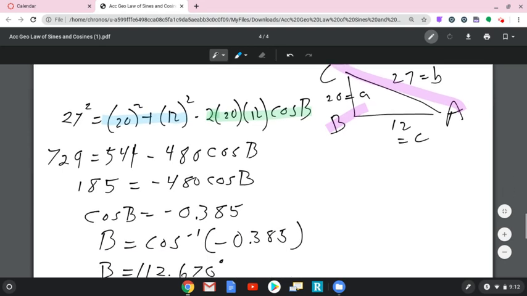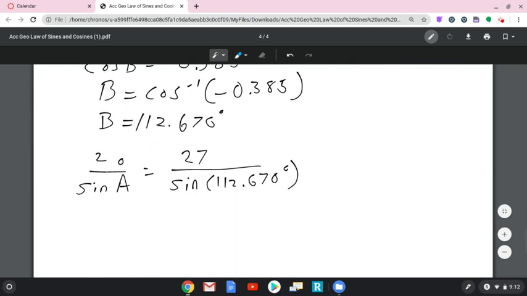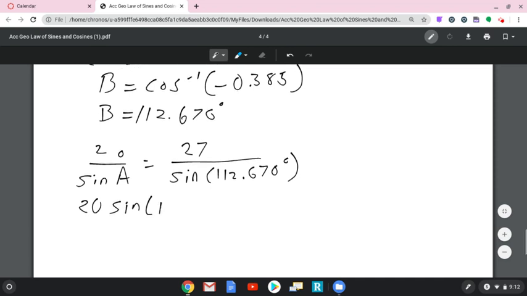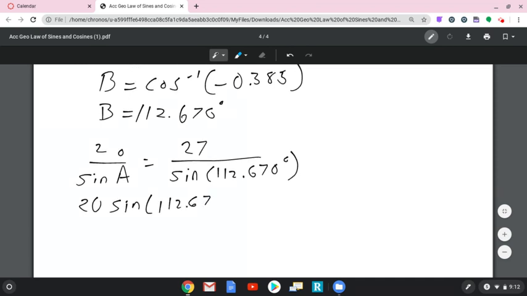Now we're going to cross multiply. So you're going to get 20 times sine of 112.670 degrees equals 27 times sine of A.